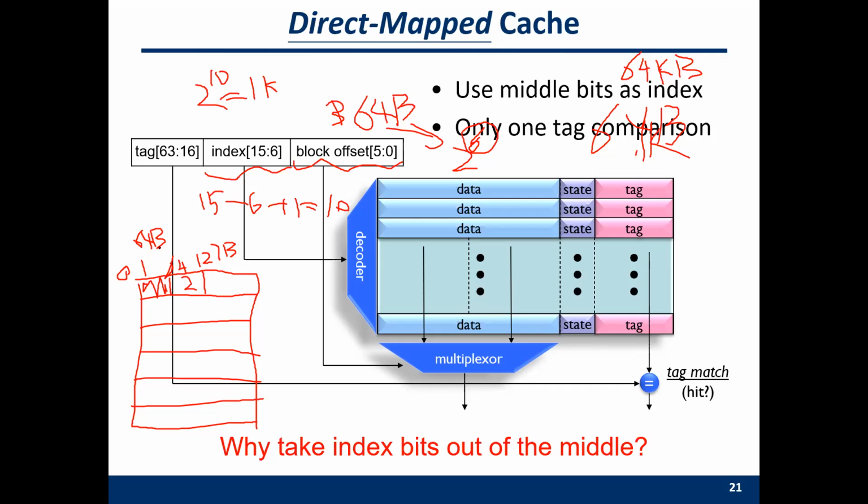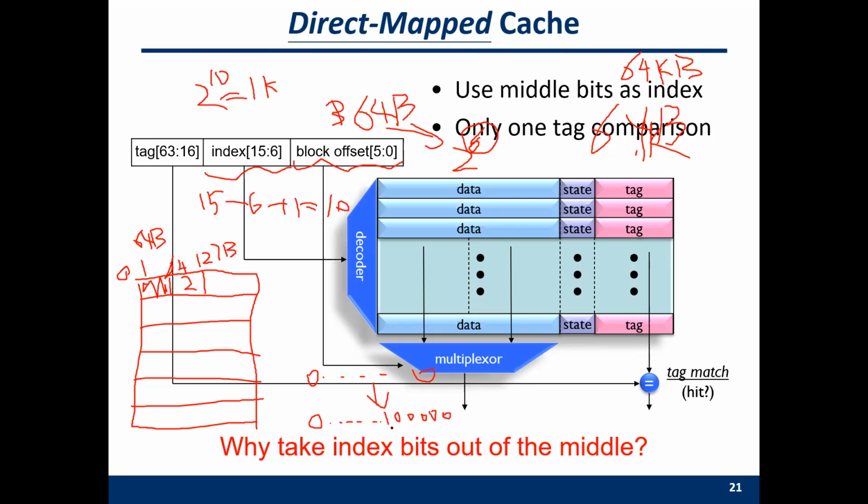So if I translate the address to binary, the first block is from all 0 address. 64 is 1 followed by six 0s.